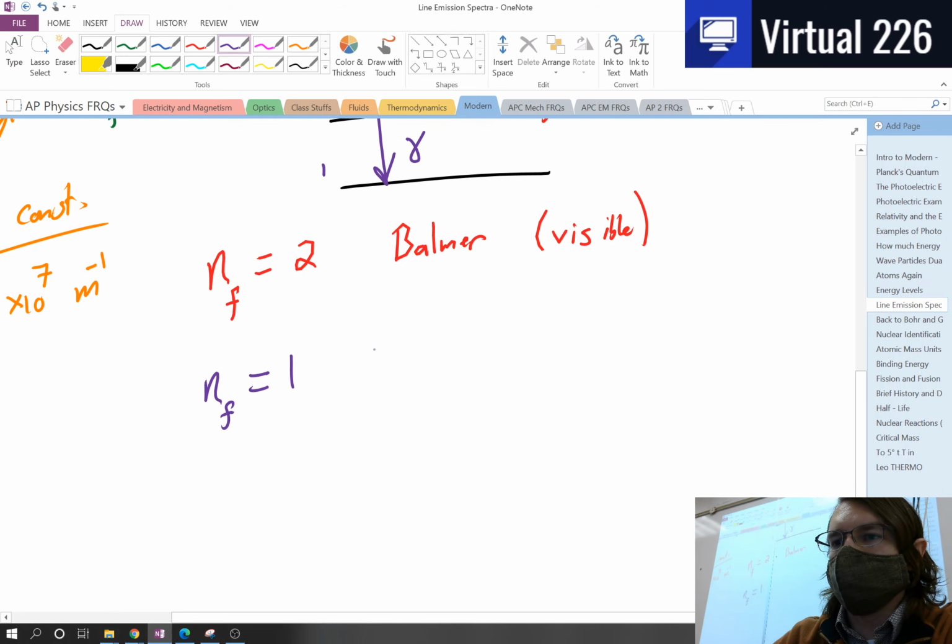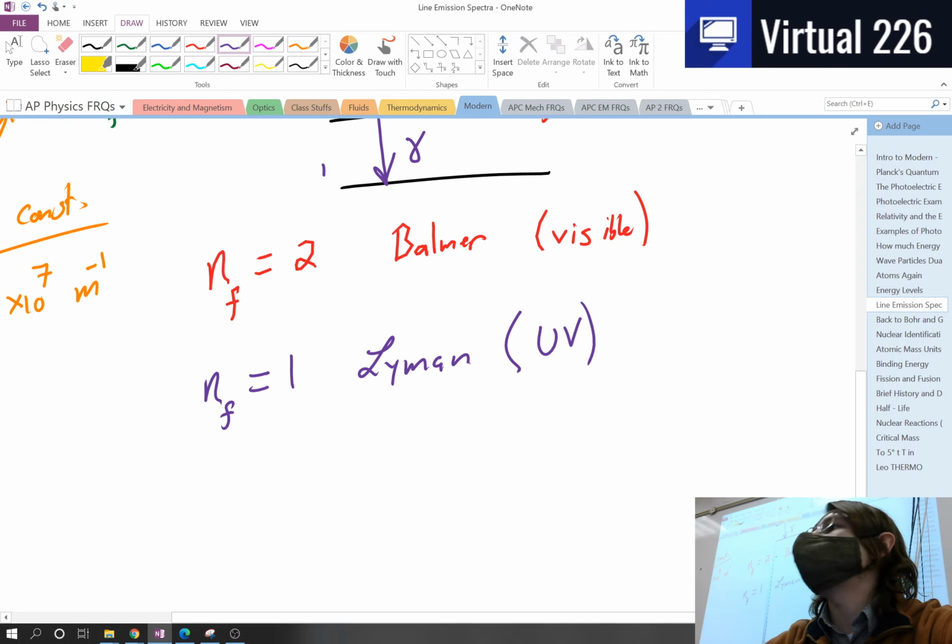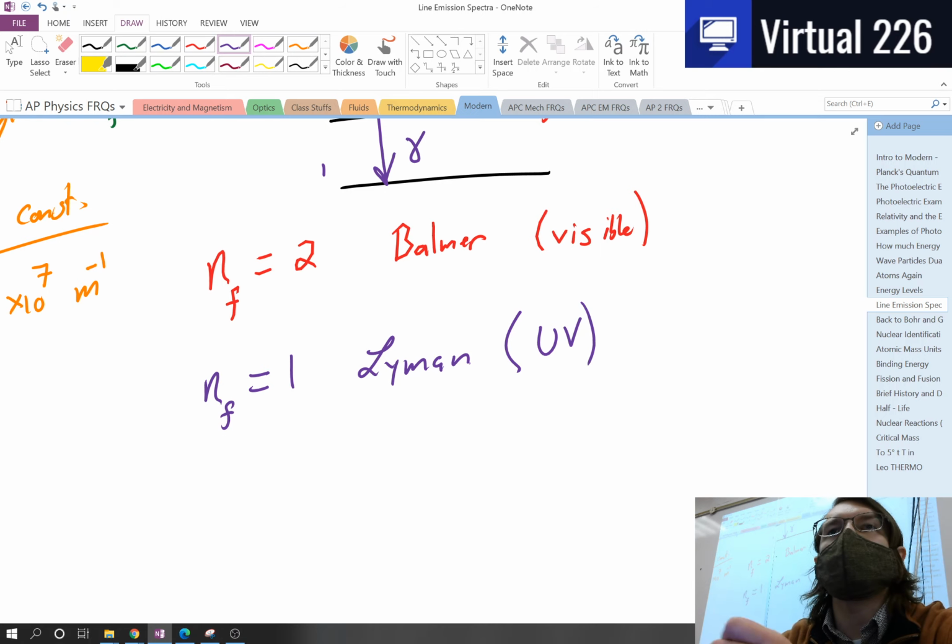These were found by Lyman. And these are in the ultraviolet. This is why Balmer didn't see them initially. You could physically see the Balmer emission lines because they're in the visible spectra. Ultraviolet, we can't see as humans. So we need some sort of detector to pick that up.